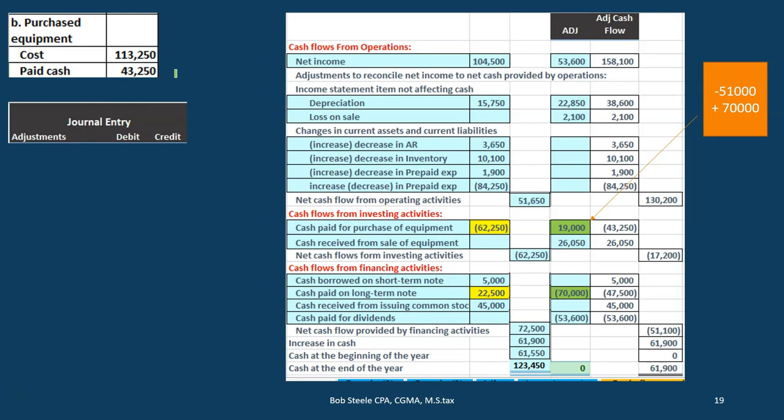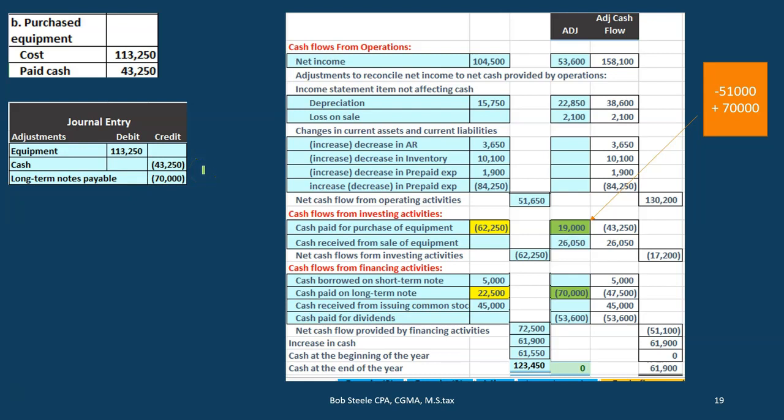We can go dig through the GL, find the journal entry, and we must have debited equipment for the cost of equipment, $113,250. We credited cash. That's how much we put down on the equipment. Then we financed the rest for the $70,000. So then the question is, how are we going to convert that to basically the accounts over here in order to make this cash paid for the purchase of equipment what it should be on a cash basis?